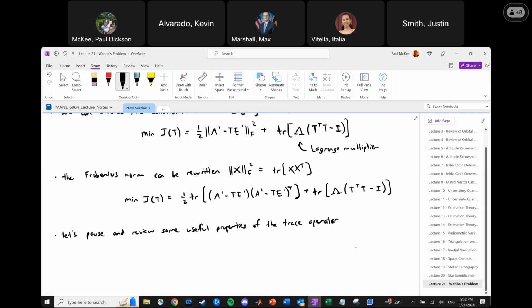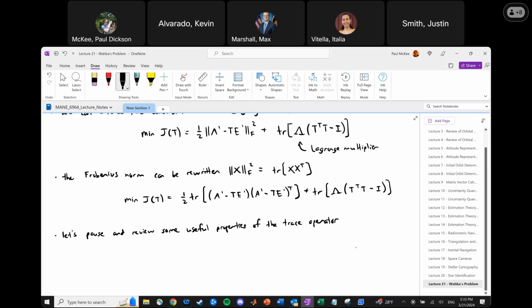If we're taking derivatives of traces, we can do some fancy footwork here. And you might be saying, well, Paul, we're not taking a derivative. We just have traces. But remember, what we do in optimization is we set up a function, and then we take the derivative of that function and set it equal to 0 to find a local minimum, right?